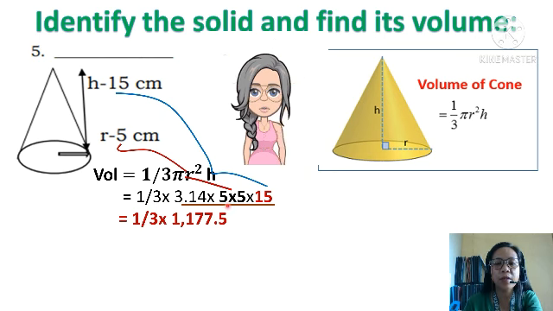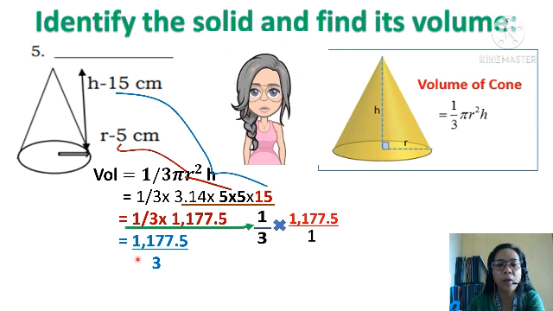So, let's start with numerator. 1 times 1,177.5, the answer is 1,177.5. 3 times 1, the answer is 3. Okay? So, ngayon, pwede na nating i-divide si numerator kay denominator.